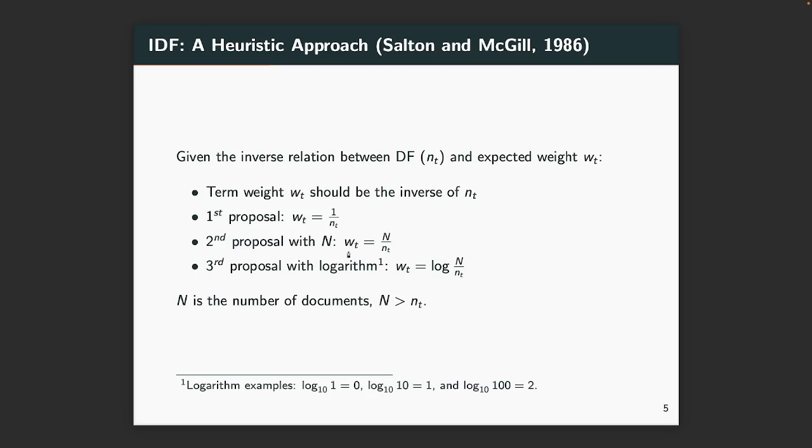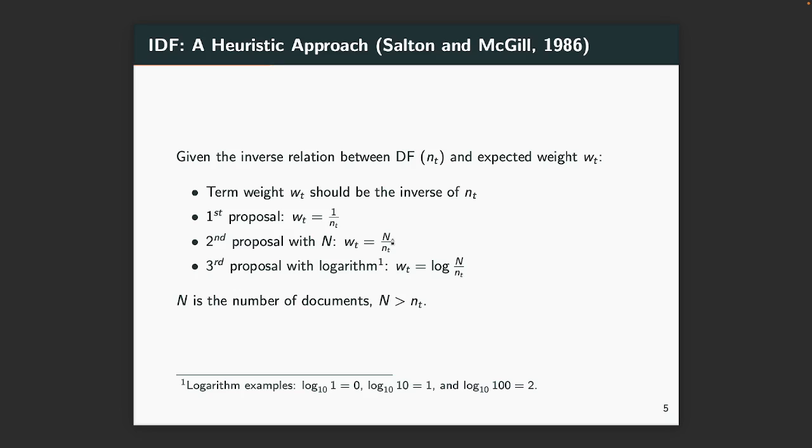And the small nt is not going to be greater; it's always equal to or less than the capital N. So in this case, capital N divided by NT, or the total number of documents divided by the documents containing that term T, is always going to be greater than or equal to 1. So this is a number that can be easily computed, right? It's not going to be too small.